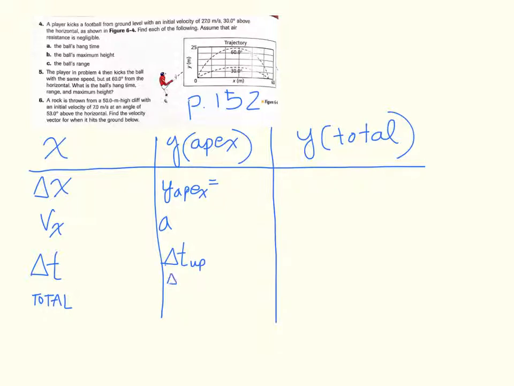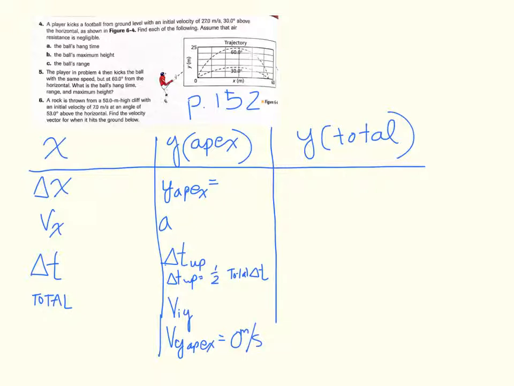So time up, remember, is equal to 1/2 the total time. And then we have our initial velocity in the y direction. And then we have our final velocity, our velocity in the y direction at the apex. And we know our velocity at the apex is 0 meters per second.